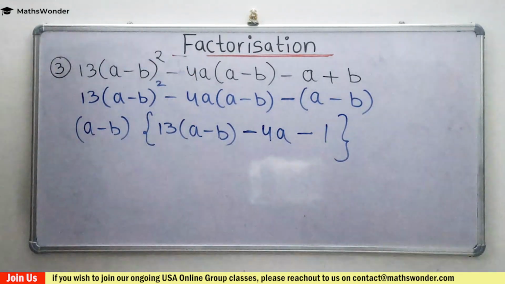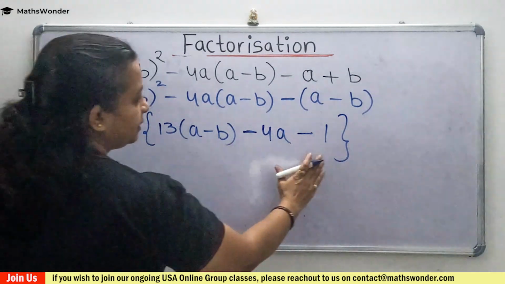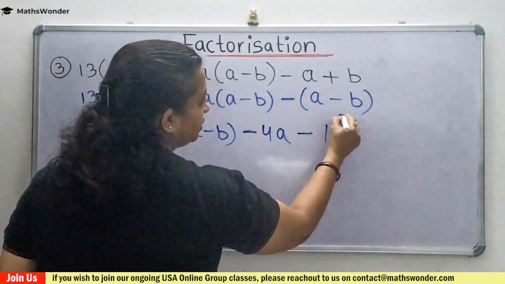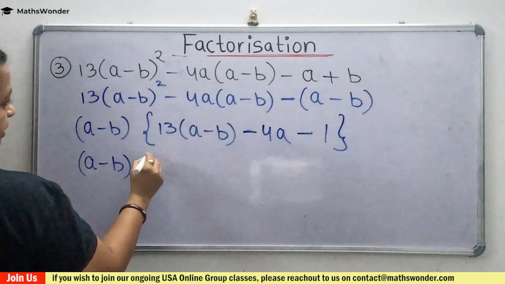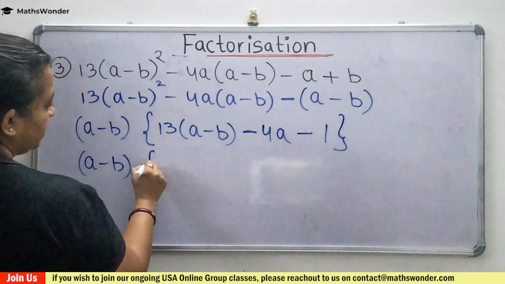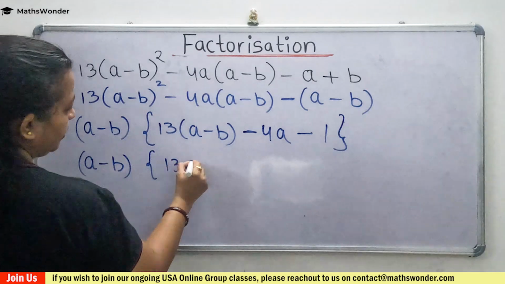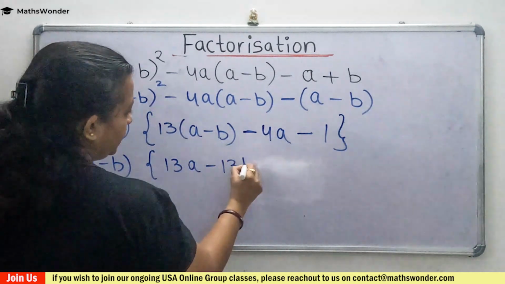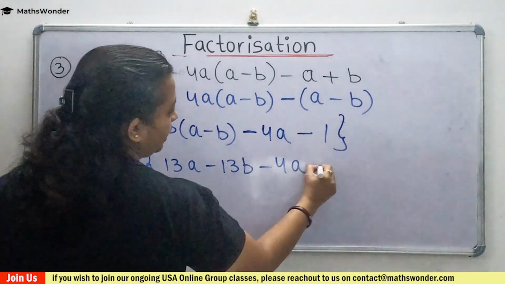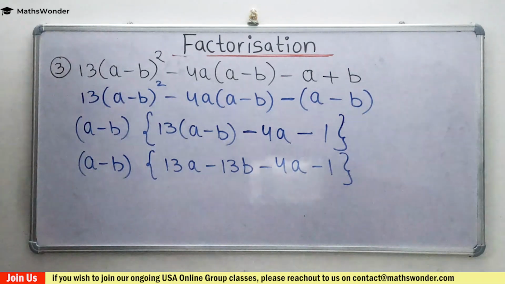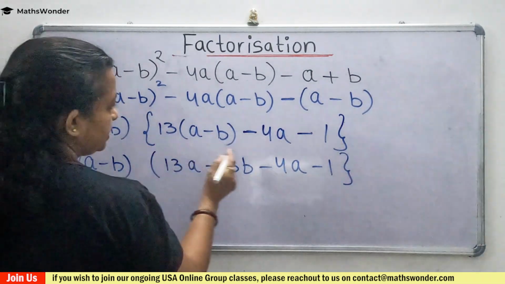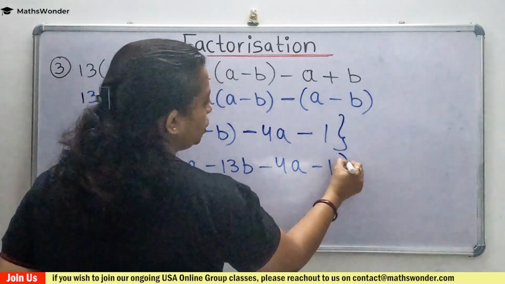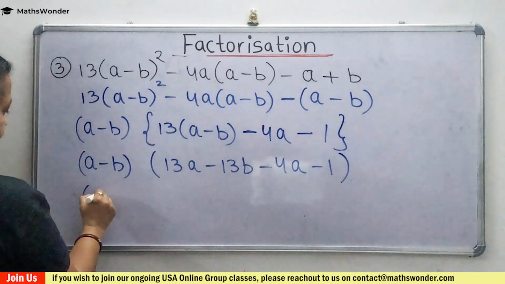Now you will simplify this part. This is a little longer. So a minus b, now simplify this. So 13a minus 13b minus 4a minus 1. You can use the simple parenthesis, the normal one. No need for curly brackets.